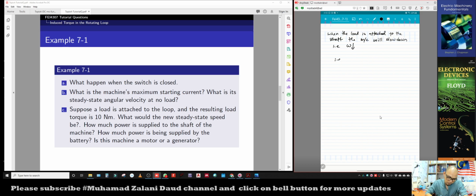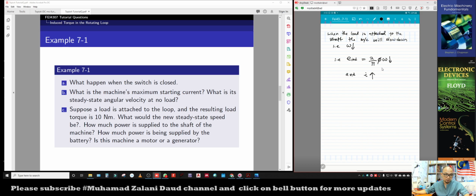So we can say that the induced voltage, which is 2 over pi phi omega in this case, since the omega is decreasing, the induced voltage also will be decreasing, and at the same time current is now increased.